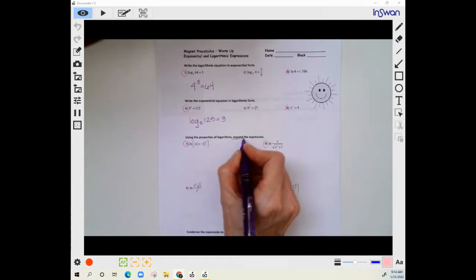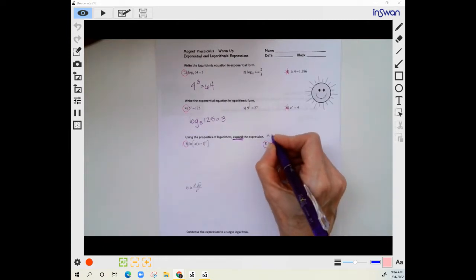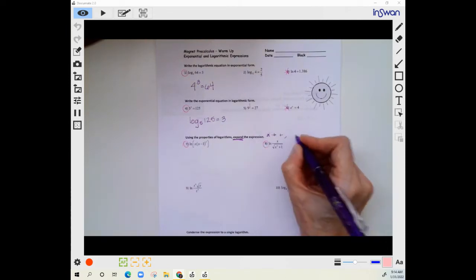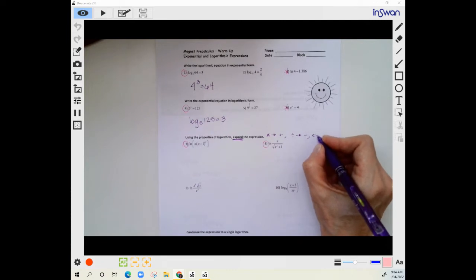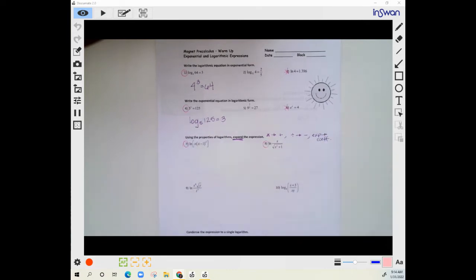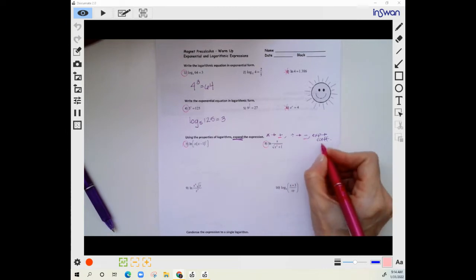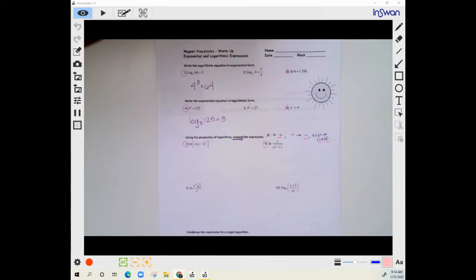But if we are expanding, that means we are taking multiplication to addition, division to subtraction, and exponents to coefficients. So our expanded version has addition, subtraction, and coefficients. It doesn't mean that those other things can't still be present, but that is the way that we're going.